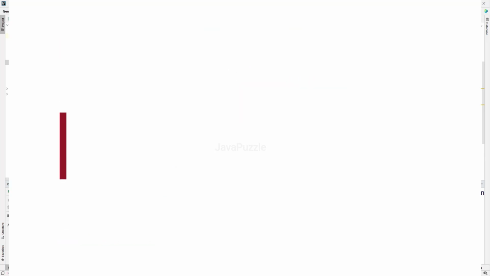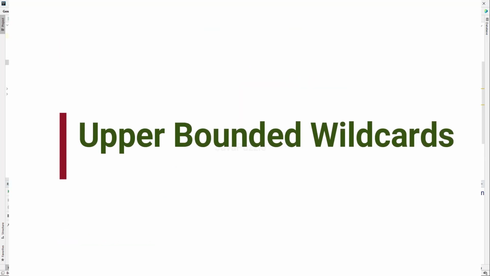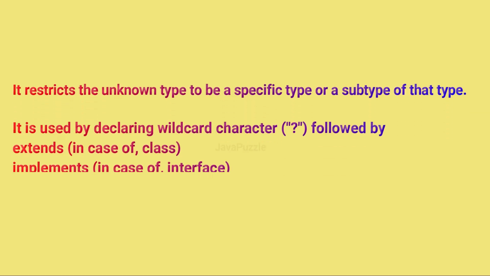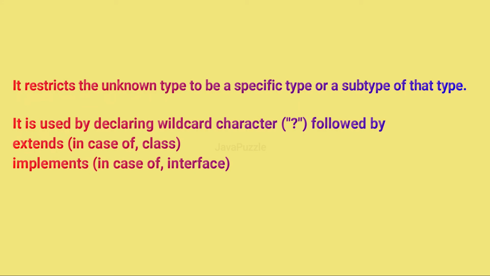Now let's talk about upper bound wildcard. The purpose of upper bounded wildcard is to decrease the restriction on a variable. It restricts the unknown type to be a specific type or a subtype of that type. It is confusing, but I will show you the example also.